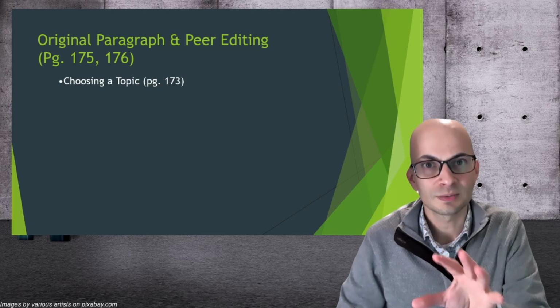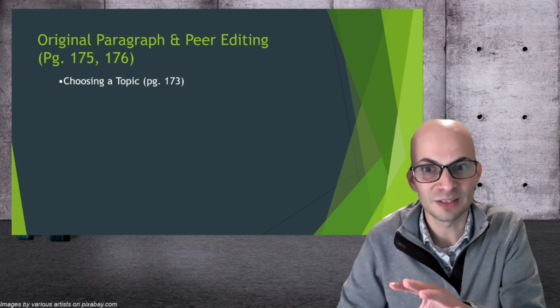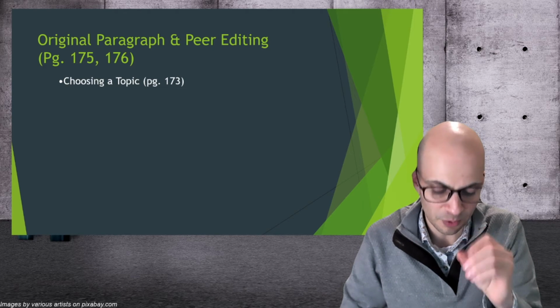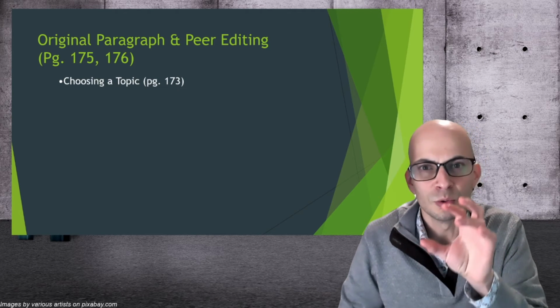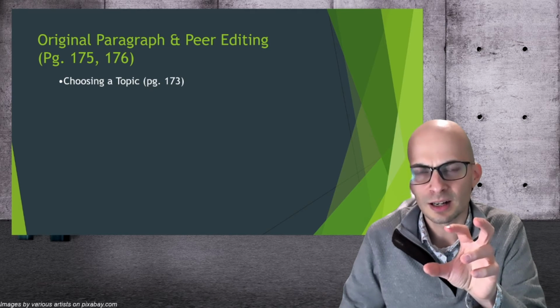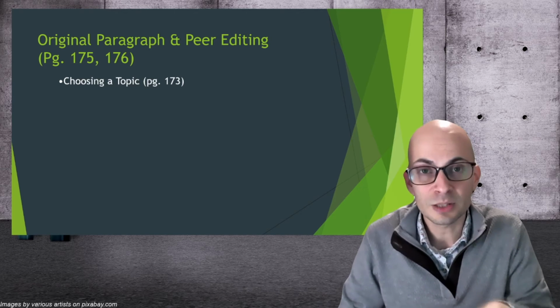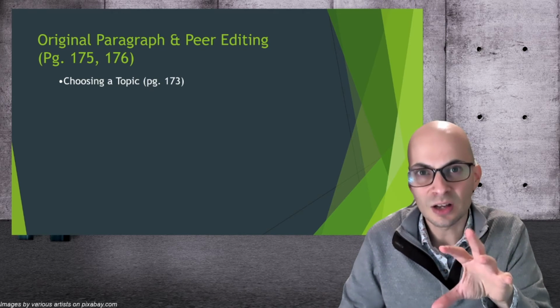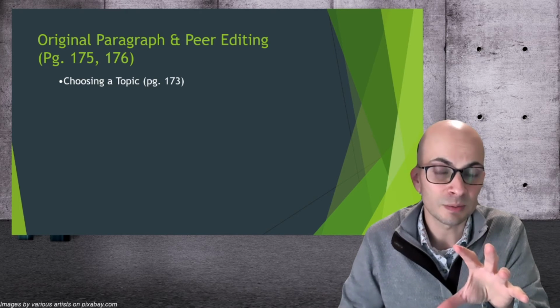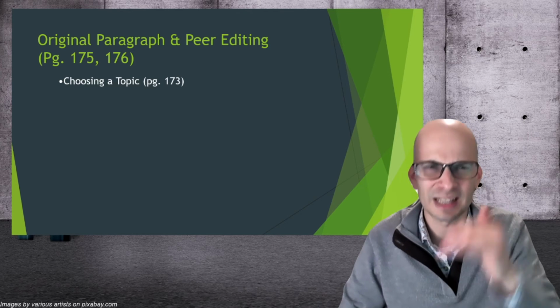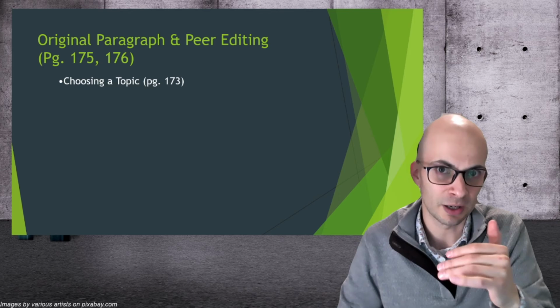So first, go ahead and go back to page 173. Now, we can see here choosing a topic for an opinion paragraph. We studied how to do cluster brainstorming before, but here on page 173 is another example of a brainstorming method that can help you get some ideas on how to write your paragraph.